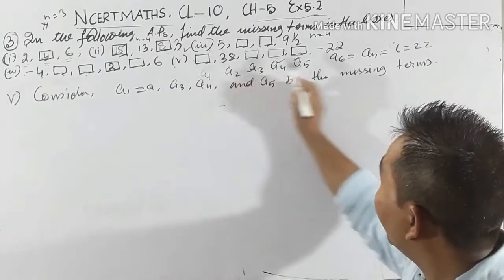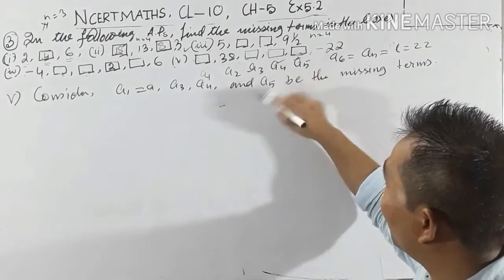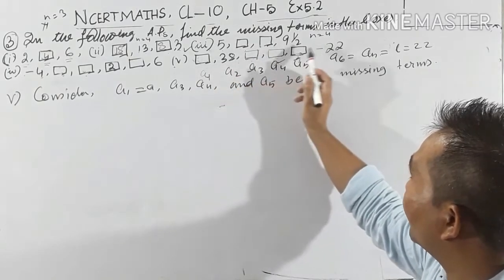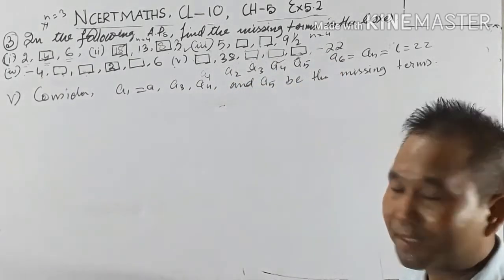The second term is given and the last term is given, right? And what will be the number of terms in this given AP? 1, 2, 3, 4, 5, 6. That means n equals 6, right?